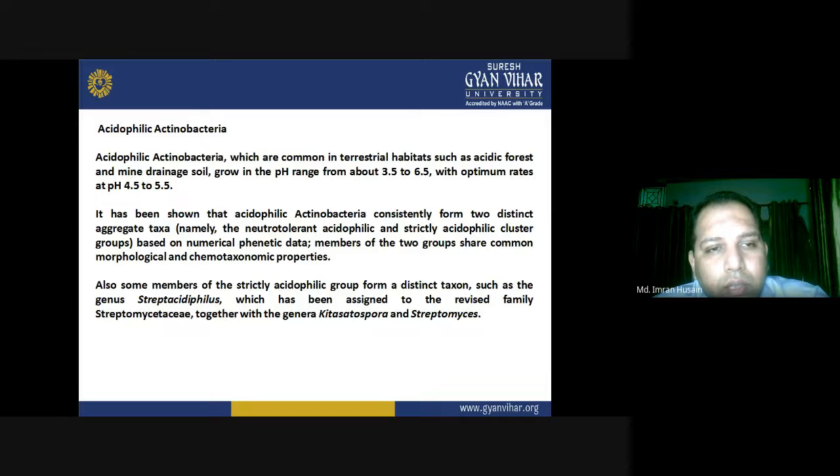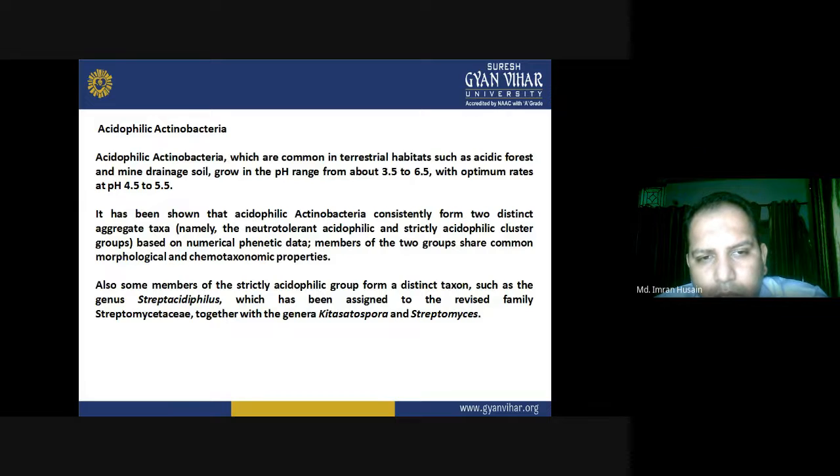Acidophilic actinobacteria. Acidophilic actinobacteria, which are common in terrestrial habitats such as acid forest and mine drainage soil, grow in the pH range from about 3.5 to 6.5, with optimum rates at pH 4.5 to 5.5.